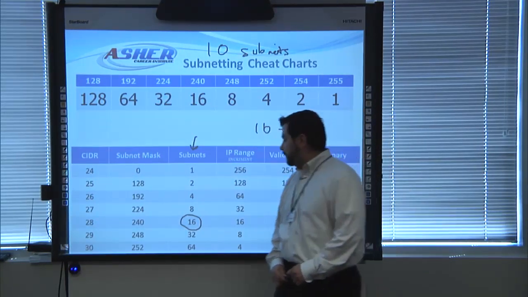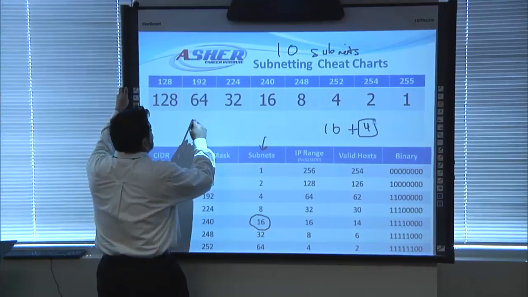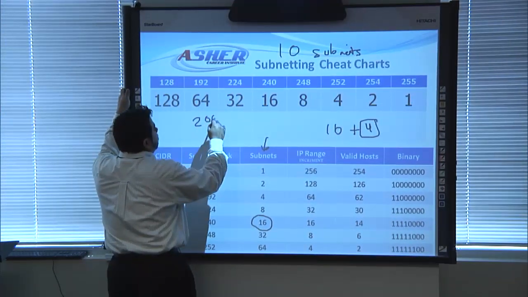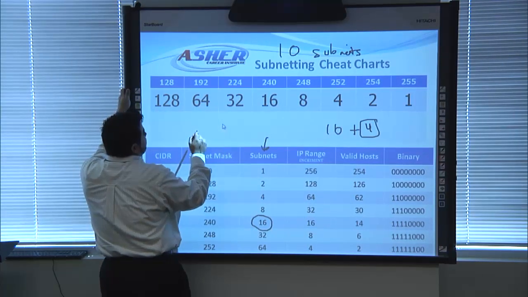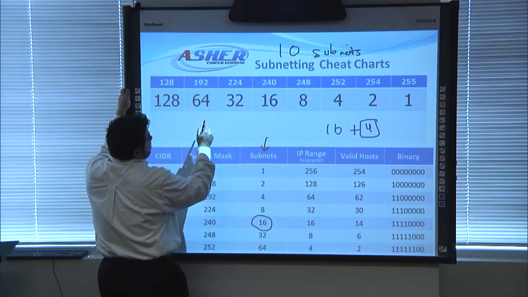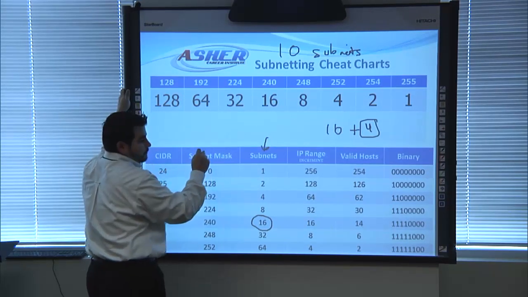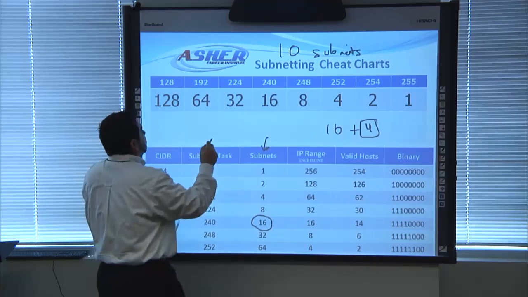Okay? Now, if we do go to 16, I would say, well, Bertha, I've got this IP address of 200. Well, I guess I can't do 200. I've got this IP address of, I had a brain fart. 192 to 223, right?